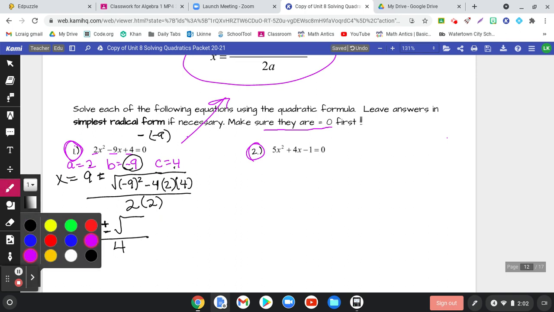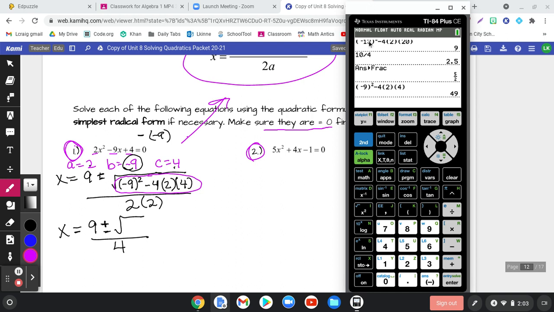So now what we want to do is figure out what's under the square root. And we're not going to type the square root into our calculator. We're just going to type in what's underneath the square root. So parentheses, negative 9 squared minus 4 times 2 times 4. And you get 49.